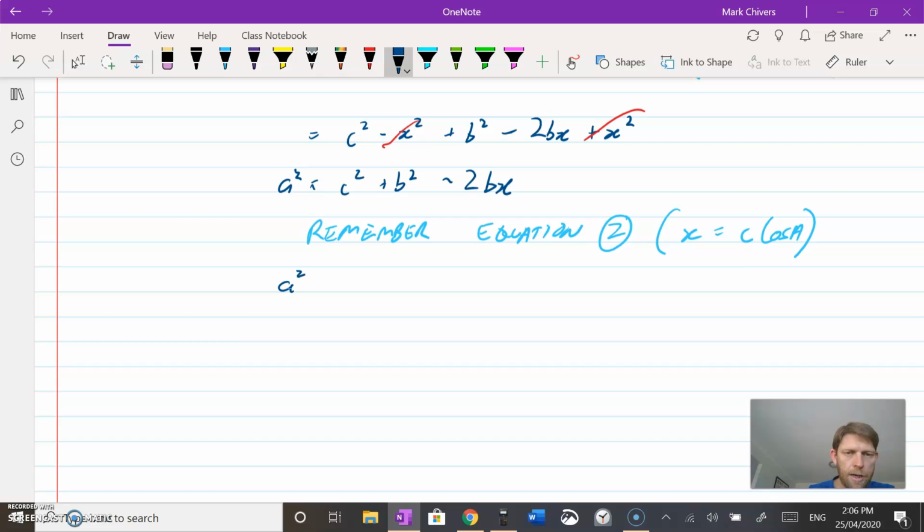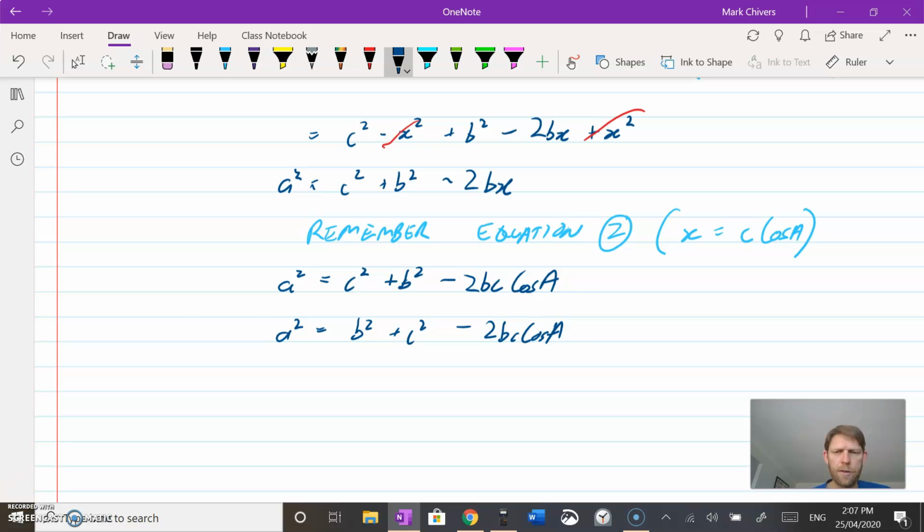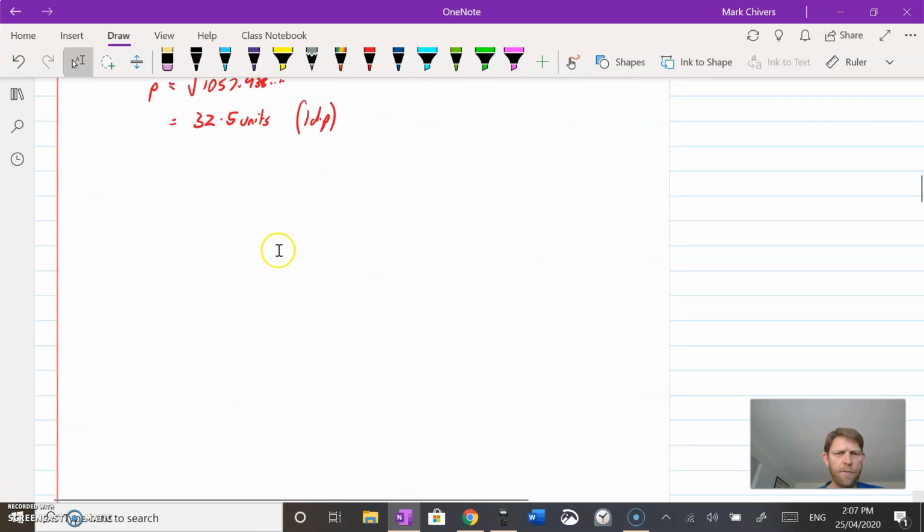So we substitute again, a squared equals c squared plus b squared minus 2b times by c cos a. Okay, and then it's just a little case of rearranging. I can write that out. So a squared equals b squared plus c squared minus 2bc cos a.